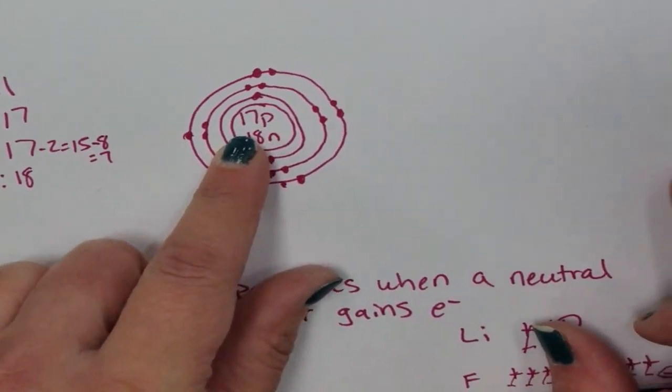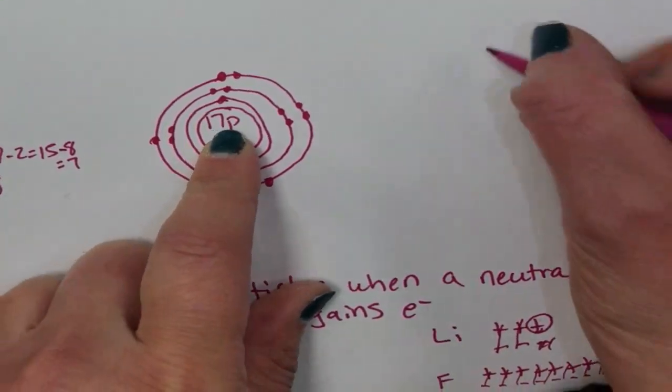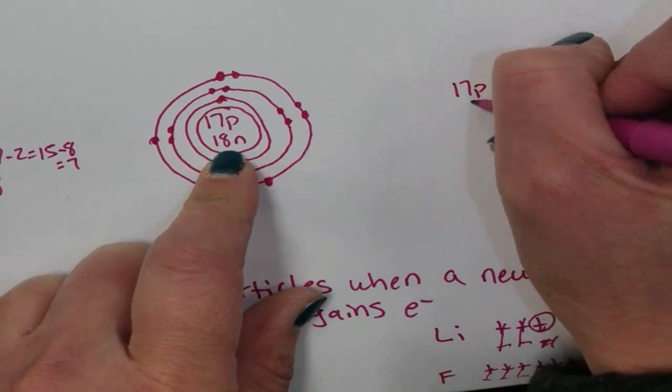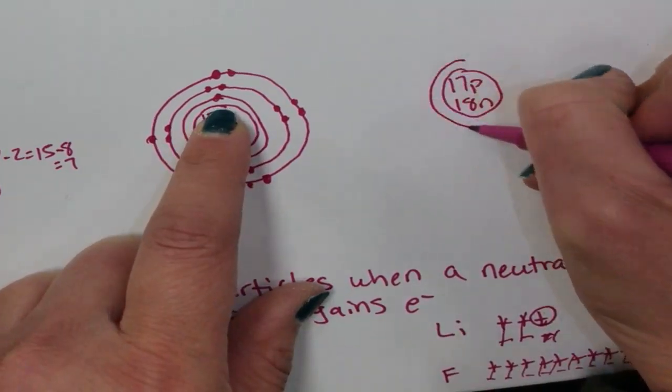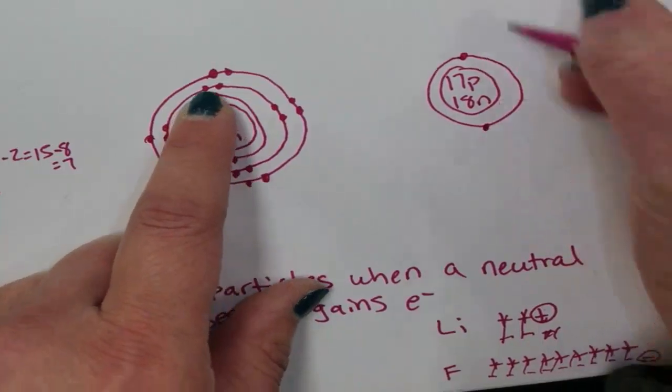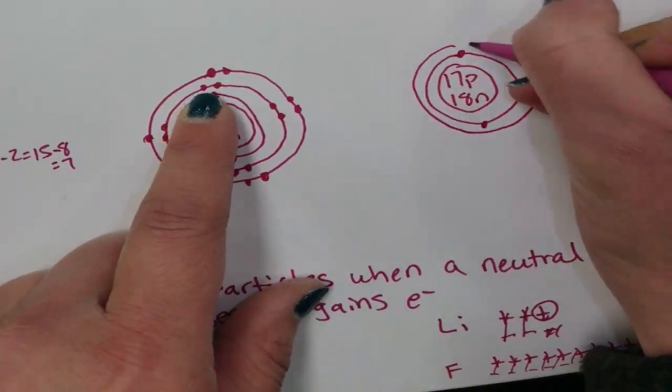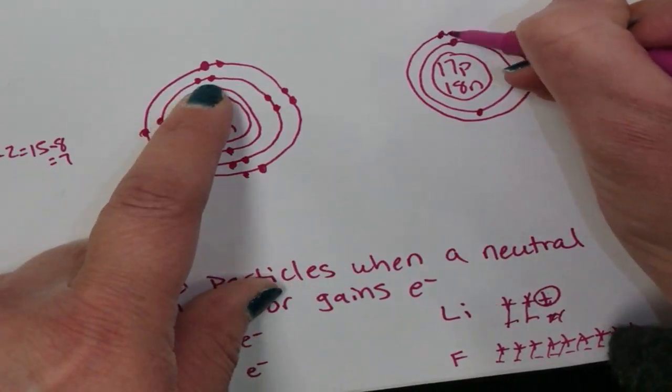So let's gain 1 electron. My proton numbers stay the same. My neutron numbers stay the same. My first energy level has 2. My second energy level still has 8.